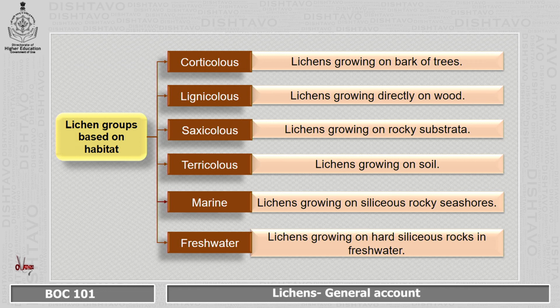Third is the saxicolous lichens which grow on rocky substrata. Fourth are the terricolous lichens which grow on soil. Fifth are the marine lichens which grow on siliceous rocky seashores, whereas sixth are the lichens that grow on hard siliceous rocks in fresh water.